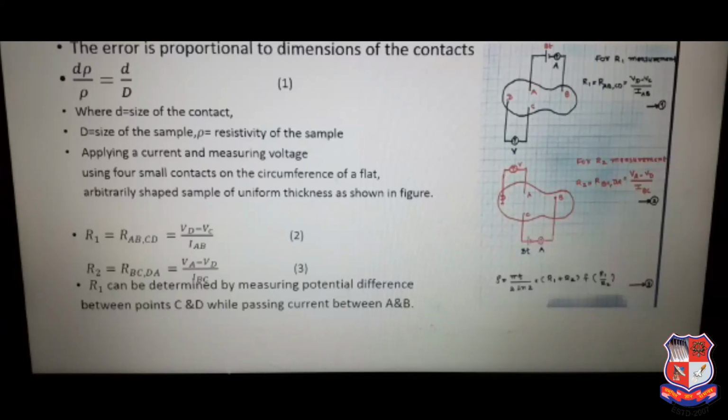So from these 2 equations, we will get the value of resistivity, that is rho is equal to pi t upon 2 ln 2 multiplied by R1 plus R2 into function F of R1 by R2. Call this equation number 3.